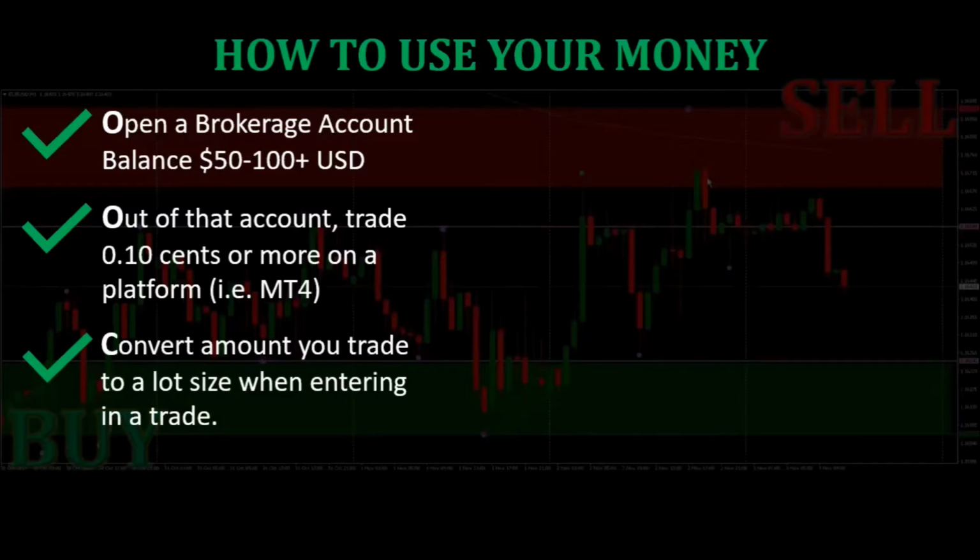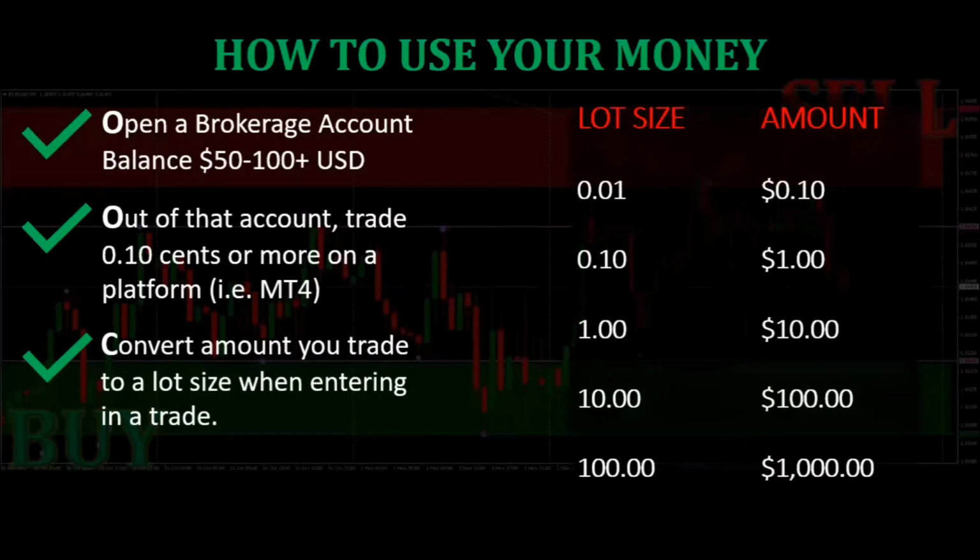Okay. And so the next thing that I want you guys to learn when it comes to terminology is something we call a lot size. This is kind of the bread and butter part right here. When we're talking about a lot size, traditional math has taught us that 0.01 is 1 penny. Well, in the foreign exchange market, you have to convert that.